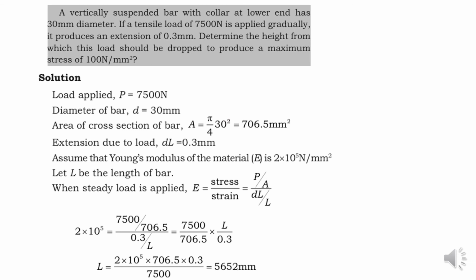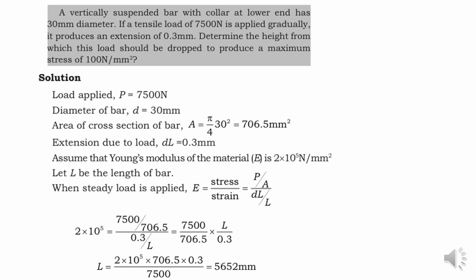Okay, now the load applied is equal to 7500 Newton. Now the diameter of the bar, which is D, is equal to 30 mm. Now the area of cross section of the bar, which is A, is equal to 706.5 mm square. Now the extension due to load, that is delta L, equal to 0.3 mm. In the question it is given that the tensile load is applied gradually and produces an extension of 0.3 mm.